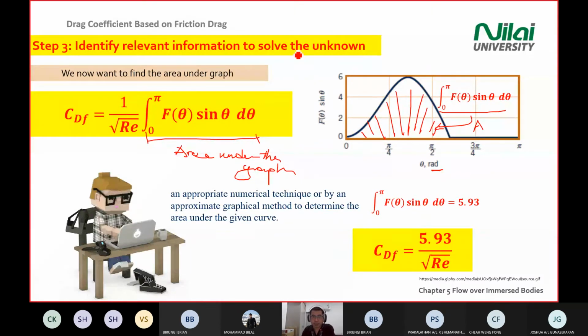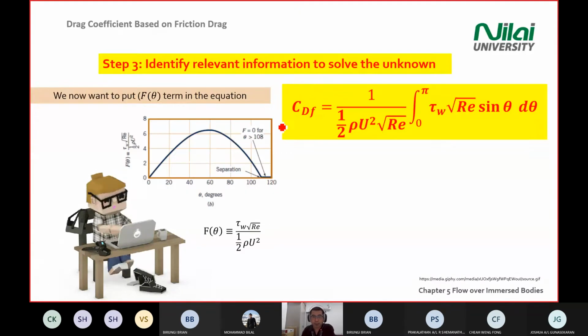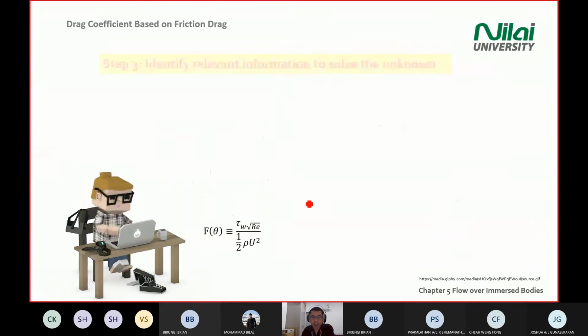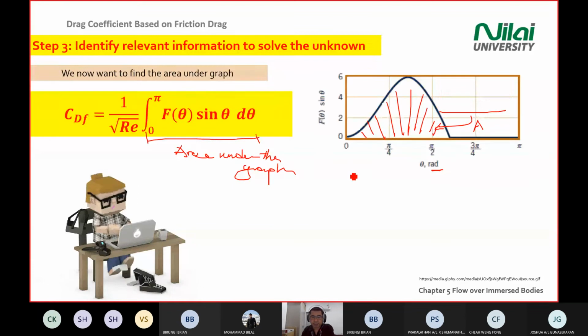Right, we will give you, for example, a few charts. The first chart will be force versus degree, in degrees, and you need to convert into pi. You'll see another chart given with force versus radian, and then we'll give you the area under the graph.